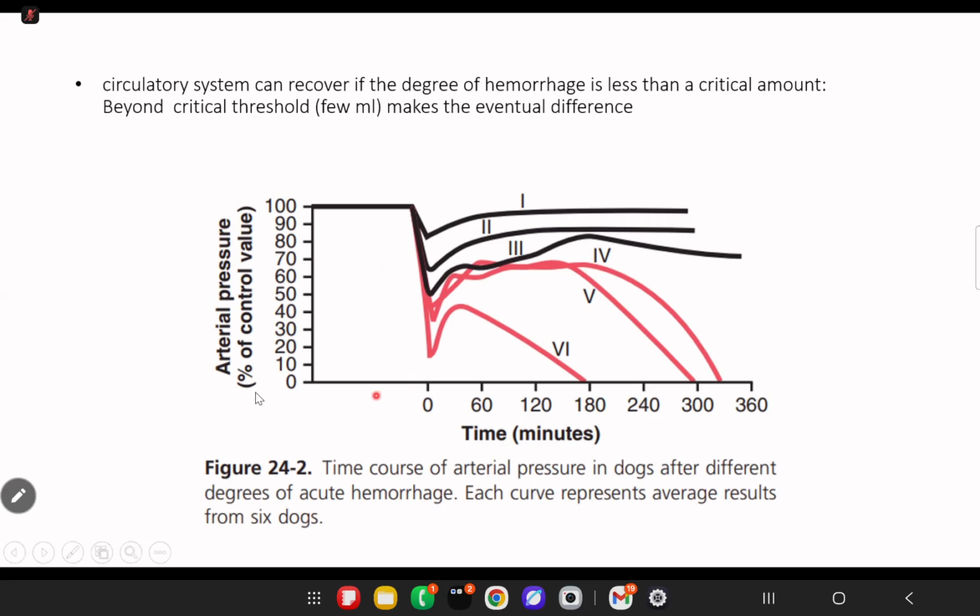You can see that you start bleeding a dog and you drop the pressures to about 15%, and then you stop. This dog, over a matter of time, recovers and will survive.